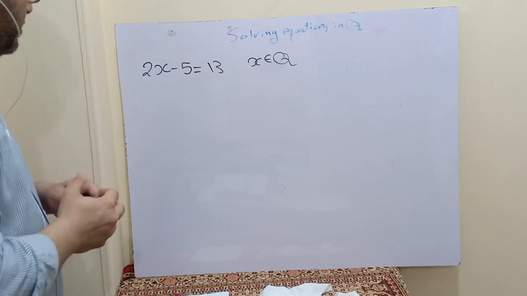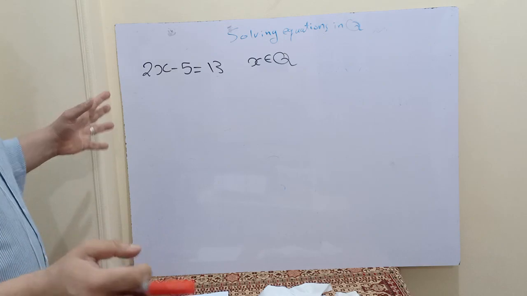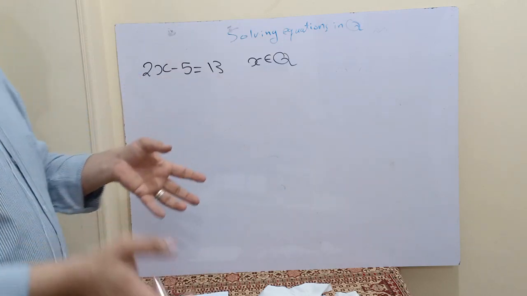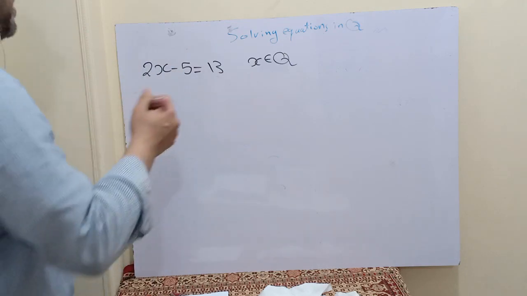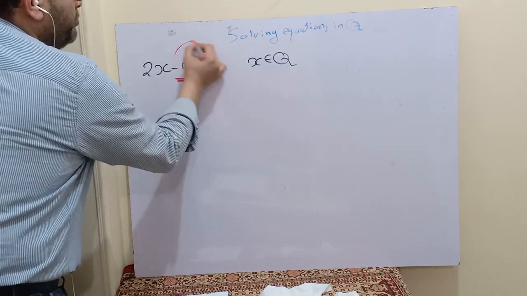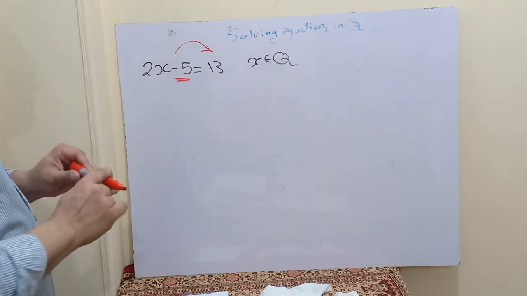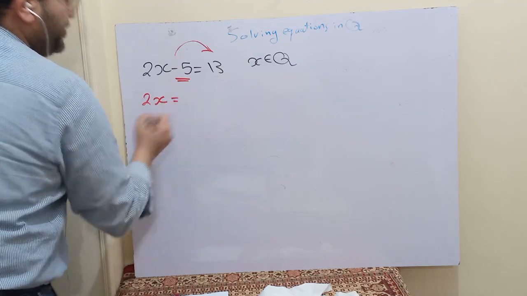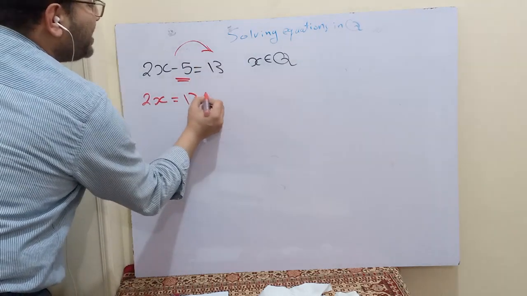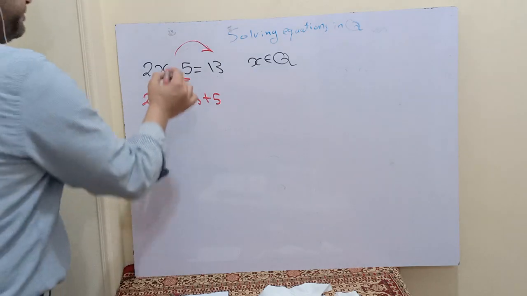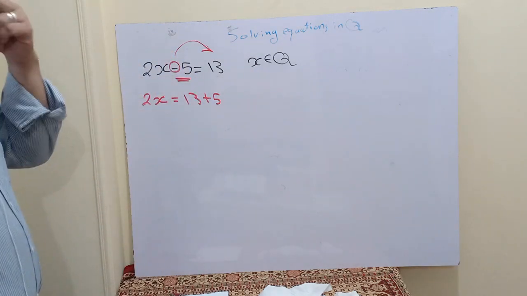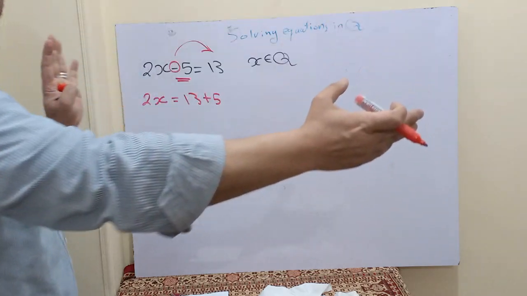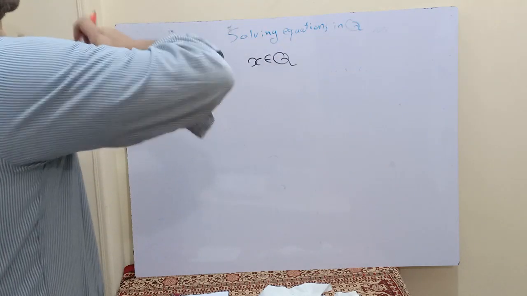Rational numbers. We will collect the numbers on one side and the variables on the other side. Then this 5 will move to the other side. The new equation is 2x = 13 + 5. Why plus 5? Because in the original equation it is negative 5, and when it moves to the other side, negative 5 becomes positive 5.